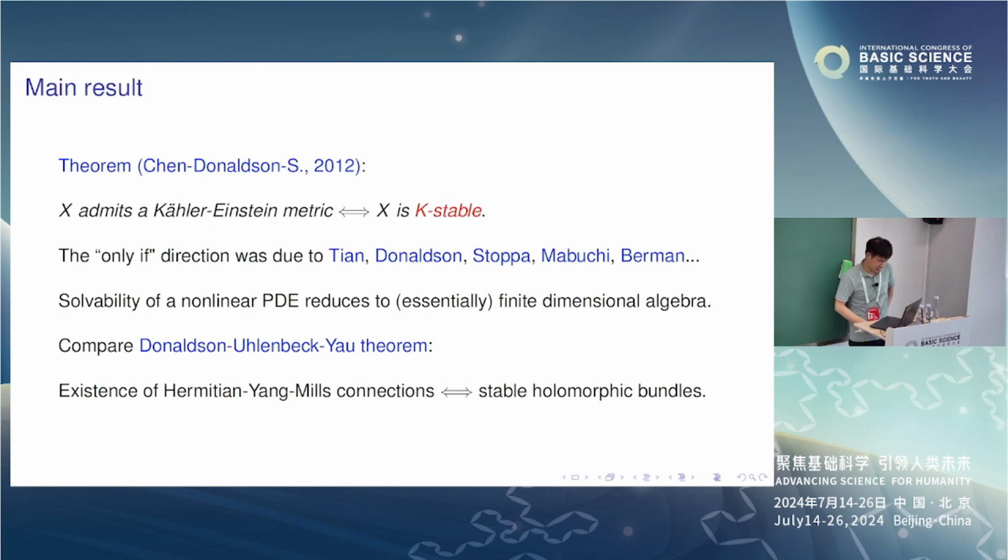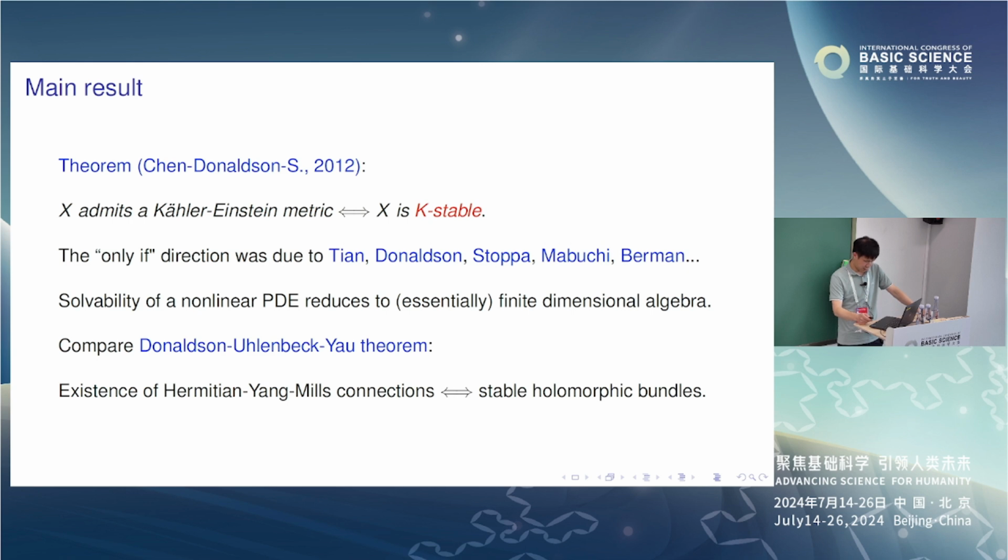So the main result is that a Fano manifold X admits a Kahler-Einstein metric if and only if X is K-stable. This K-stability is an algebro-geometric notion that we will spend some time explaining later. We will not give the precise definition, but just explain the geometry behind it. The only if direction was known due to the work of Chen, Donaldson, Sun, and Berman, and many others.